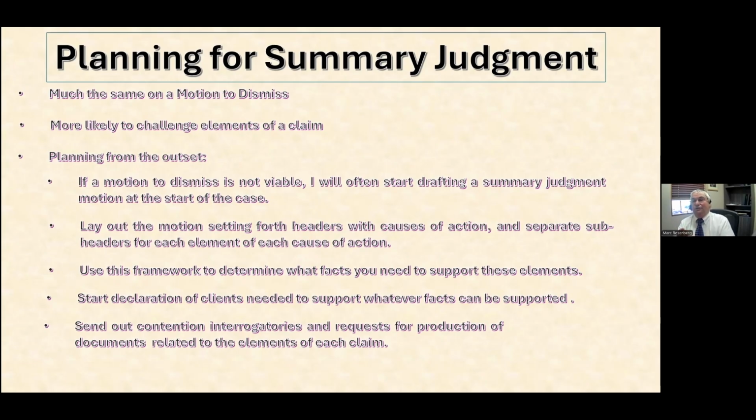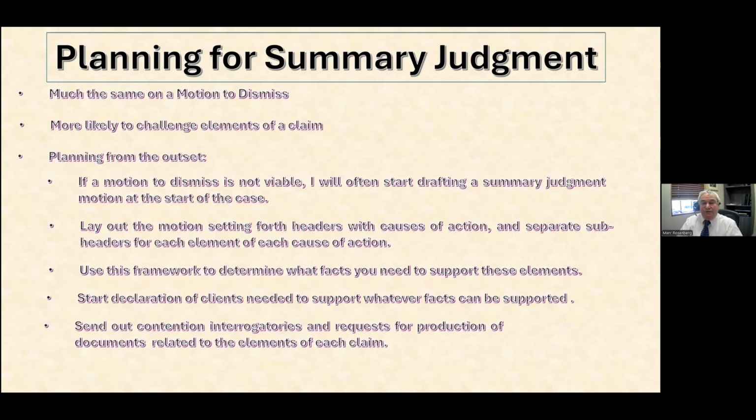You've got injury, and the injury has to be caused by that unfair or deceptive act or practice. And one thing you do when you do a dispositive motion, like a summary judgment motion, is you attack the elements of a claim. Because if any one element fails, the whole claim can fail.